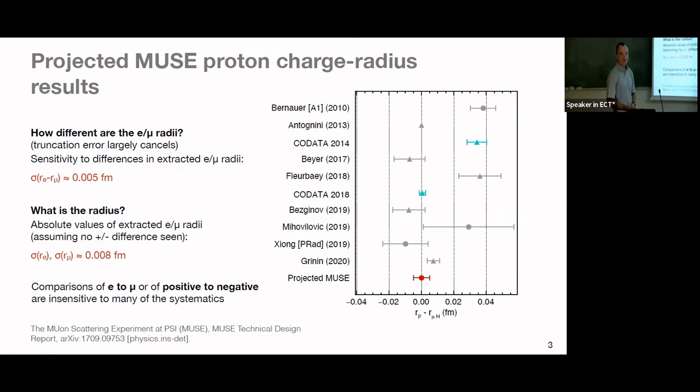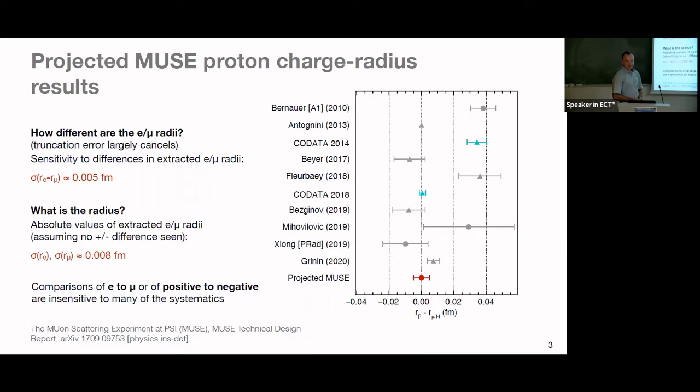Other experiments are still in tension with those findings. There is a PRAD experiment, we heard about it, which gives a smaller radius. It's in tension with the early spectroscopy data, which are in tension with other spectroscopy data. So that's still an important subject where clarification is needed, and MUSE can play its role in that.